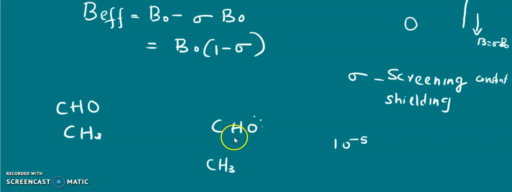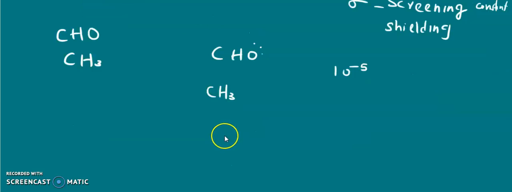Therefore the sigma, the screening constant of the CH3 group, is greater than the screening constant of the CHO group. Or we can say that the shielding effect is smaller in the case of the CHO group compared to the screening effect in the CH3 group.